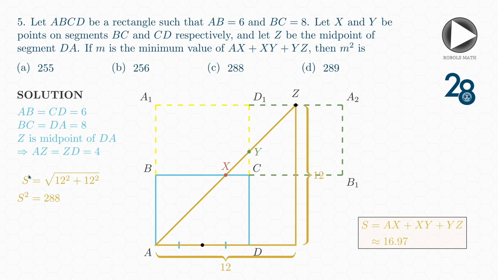Actually, the right variable here should be M. The value of M squared should be 288. And that's our final answer. 288 is our final answer. If you approximate the S here, S is approximately 16.97, or M is approximately 16.97, which is what we got using our simulation earlier.